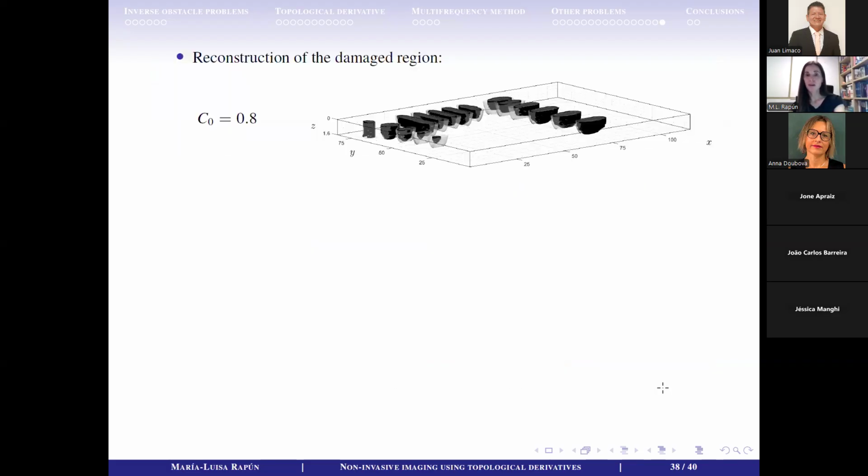And by keeping the largest negative values, you can observe that we were able not only to identify the plane reconstruction as normal and standard thermography does, but we were able to identify the correct shape, the correct three-dimensional shape, okay? This is my reconstruction in black of the true geometry when I keep a constant equal to 0.8.